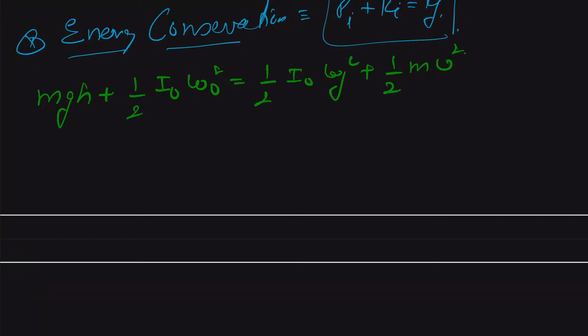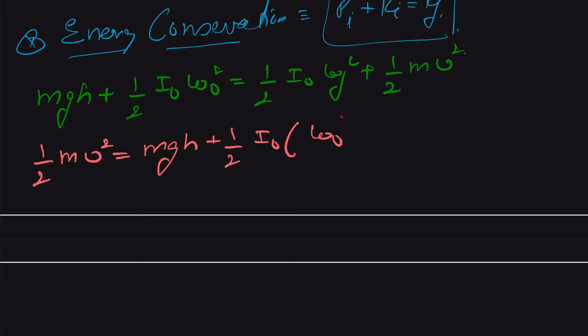So half m v square is equal to mgh plus half I naught times omega naught square minus omega f square. Now it is a simple calculation, and we can just divide by m multiplied by 2.